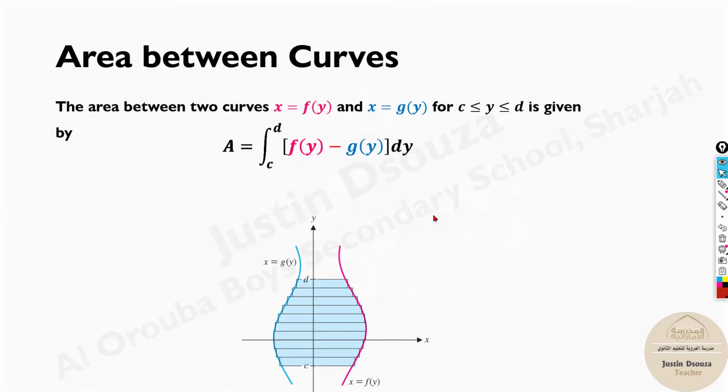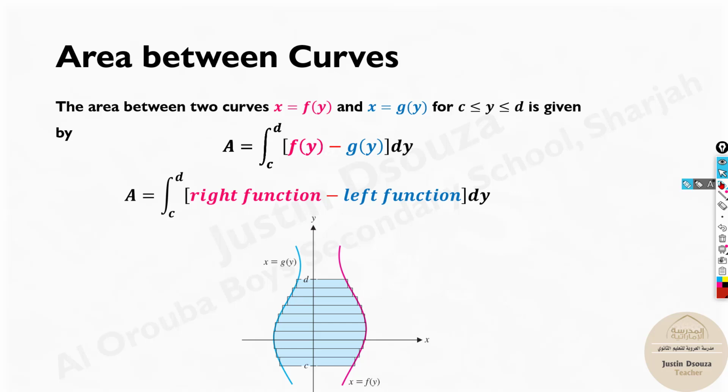Now, area between the curves, the formula is given over here like this. But y as the variable makes a lot of difference, because we come to know there must be dy only. It can't be dx, integral with respect to x. No, because they told y as a variable.